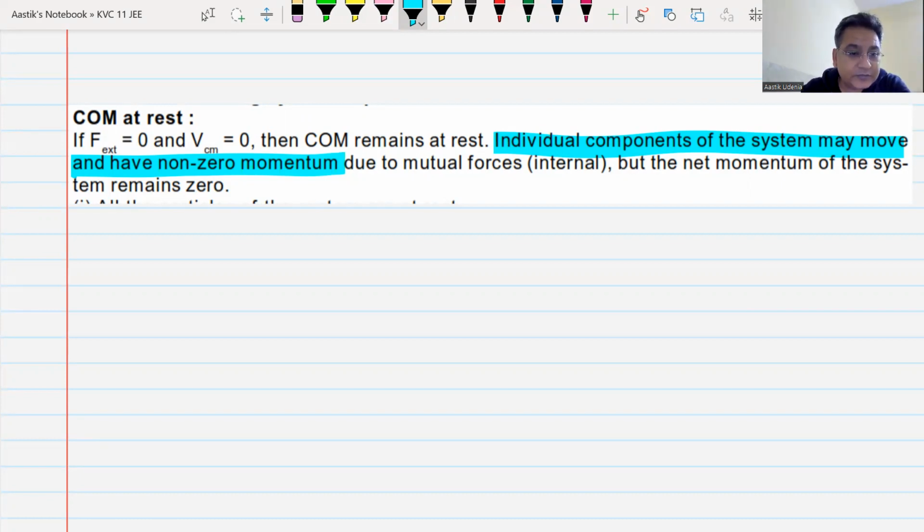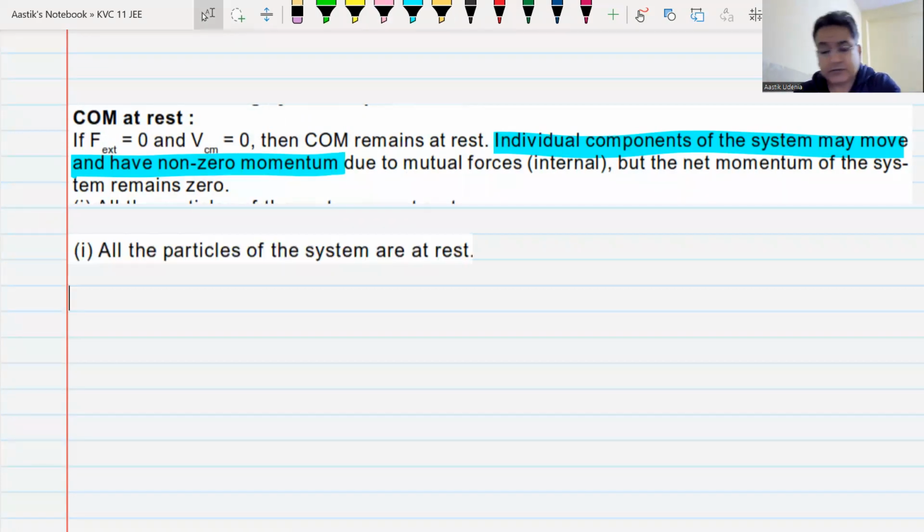When can the velocity of center of mass become zero? If all particles are at rest, the velocity of center of mass is zero. The center of mass is at rest. If there is no external force acting, it will remain at rest there. Do we understand this?